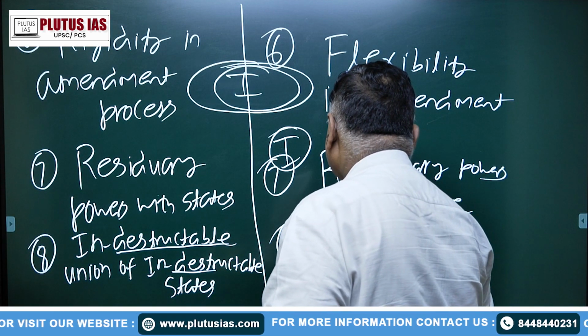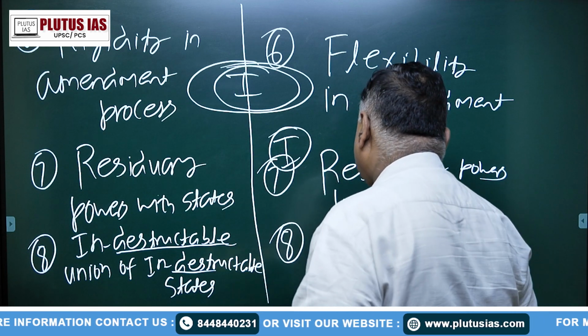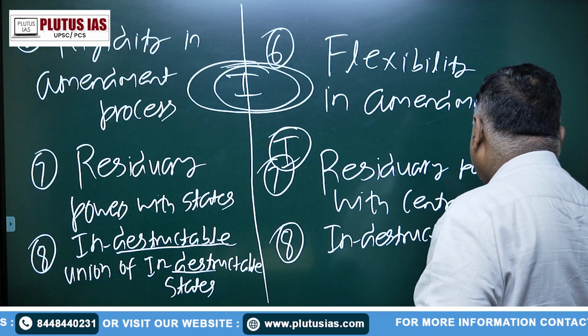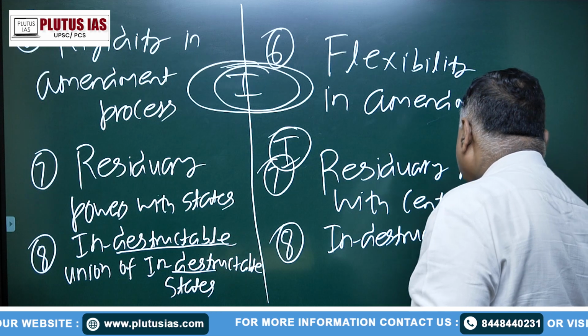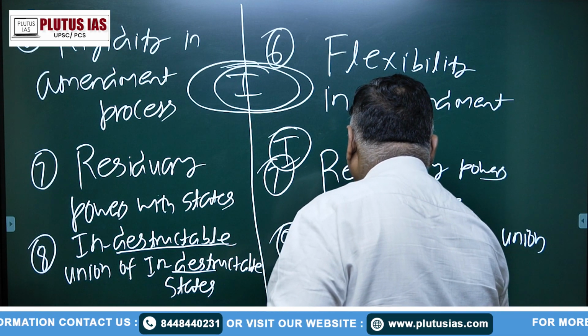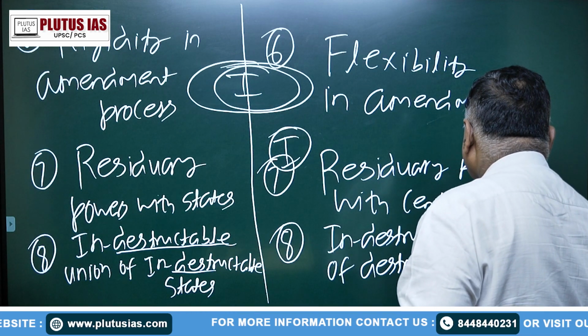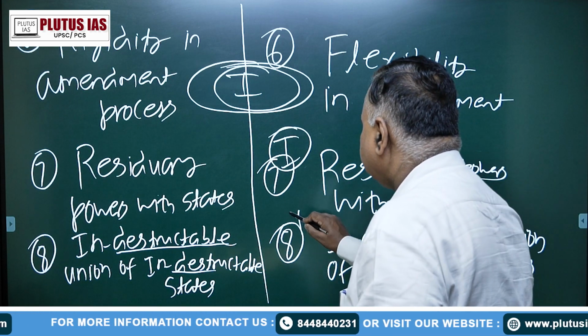In contrast, in unitary polity, it is an indestructible union of destructible states. The union has to be indestructible, there is no doubt, but the states are destructible. So India is on this side, unitary.